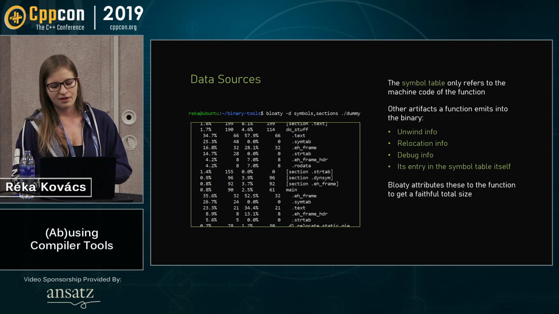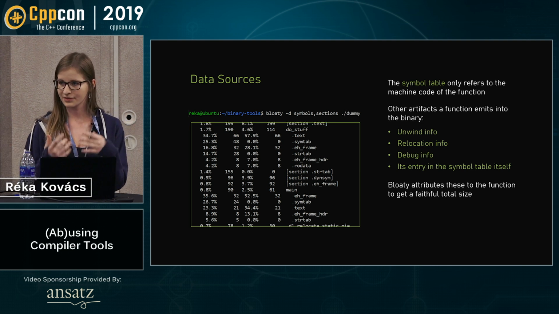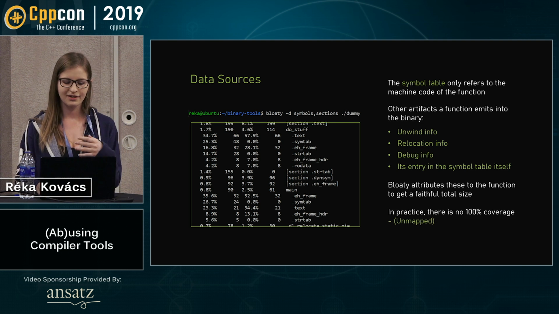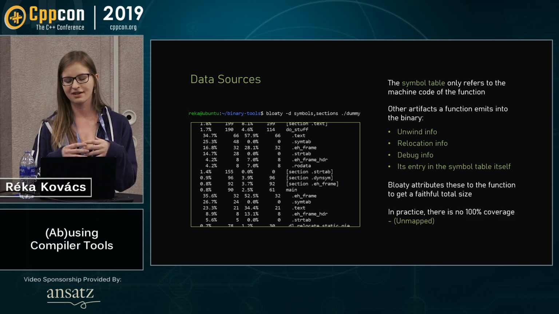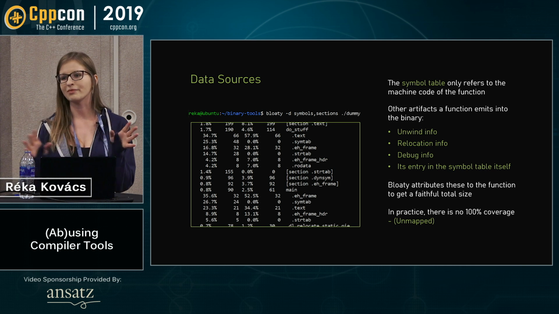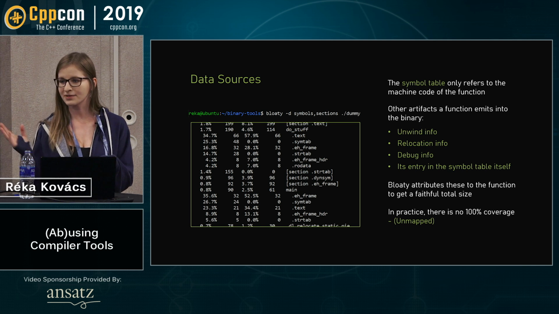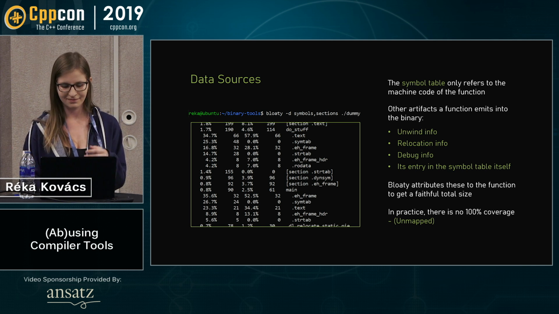So Bloaty goes a long way to find all these different pieces that are connected to the function to give you a faithful total size. But of course, in practice, it's not perfect. So there will be some bytes in your binary that are unlabeled, and that's when you see the unmapped label.